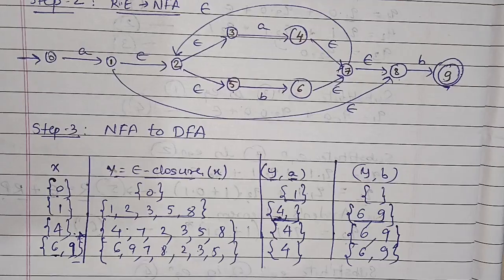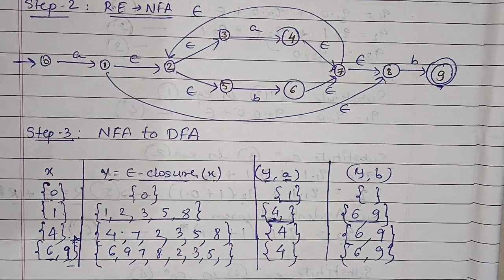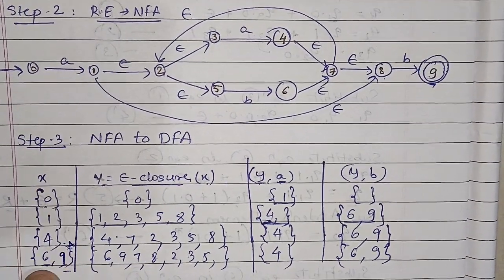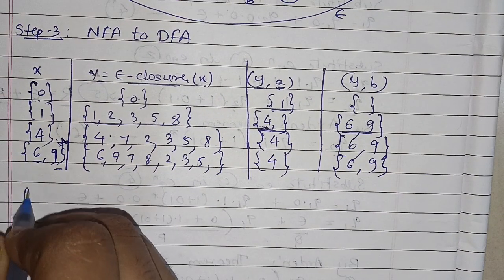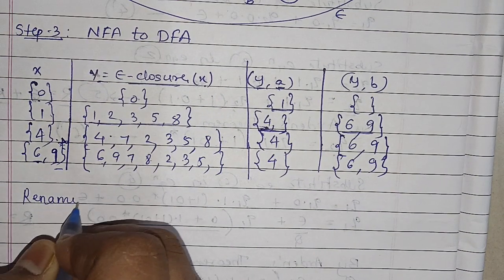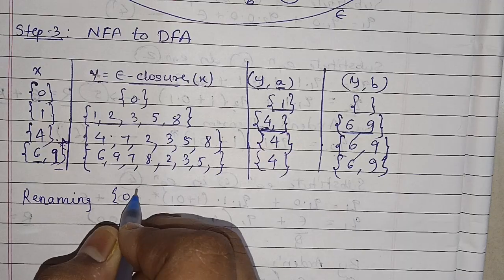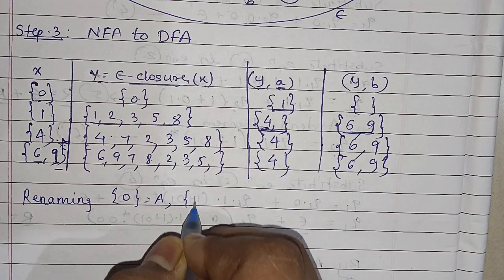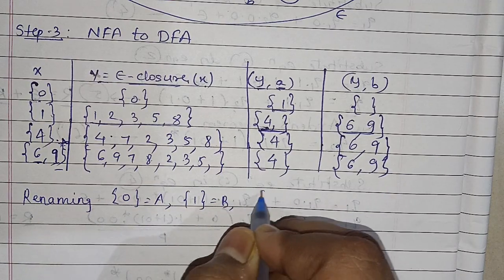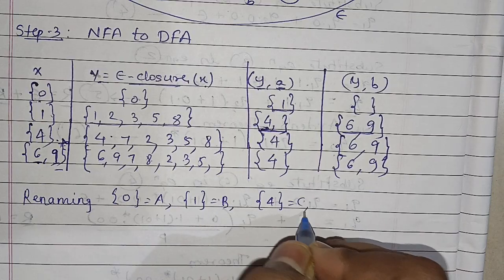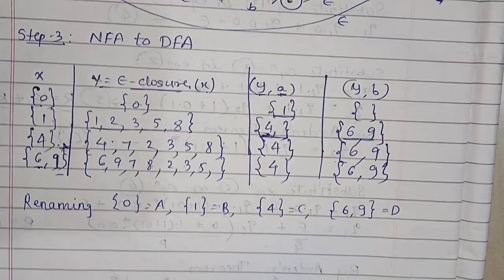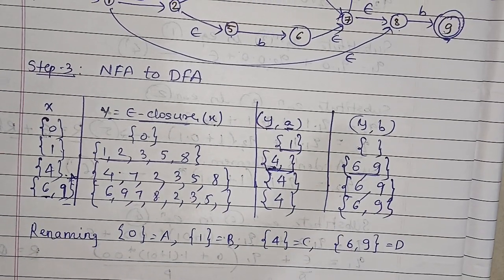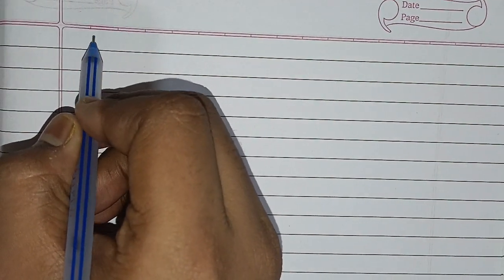Now, what I told you in the previous videos, we will assume these as states. Means we will rename the states. Renaming this as A, this as B, this as C, this as D. Now see, we have renamed them.